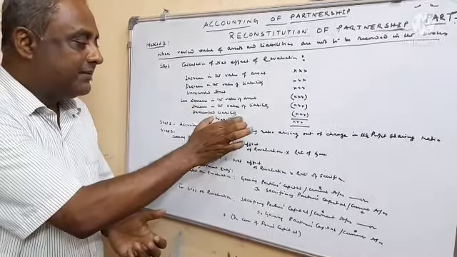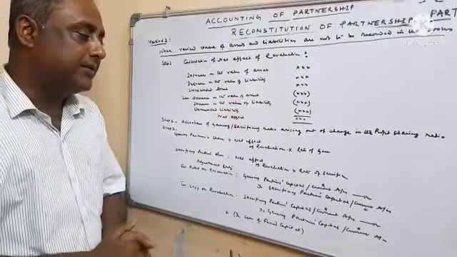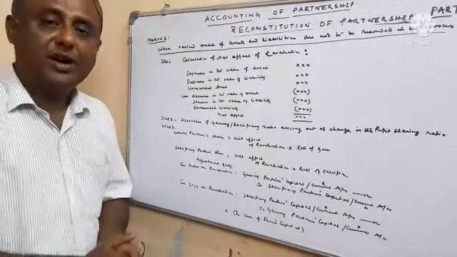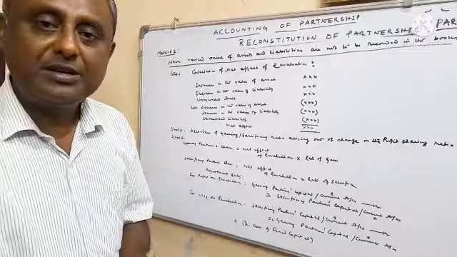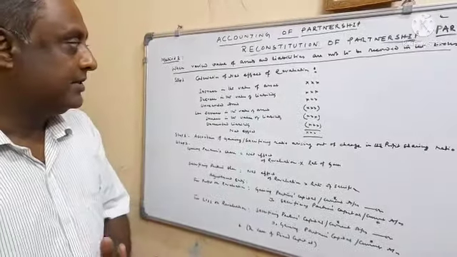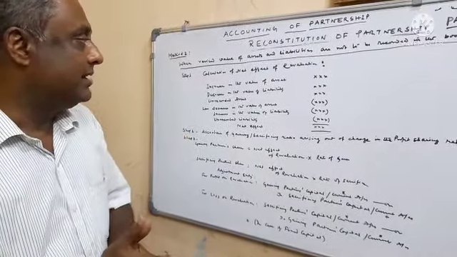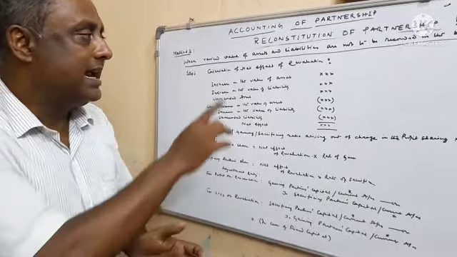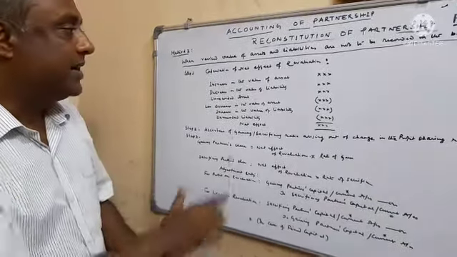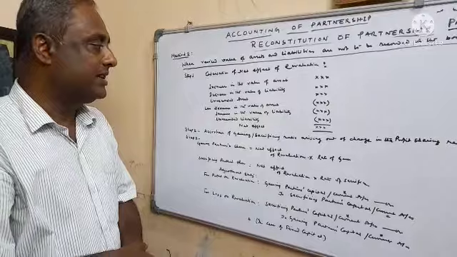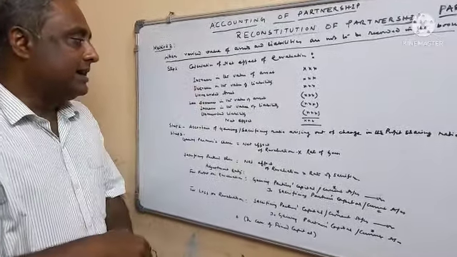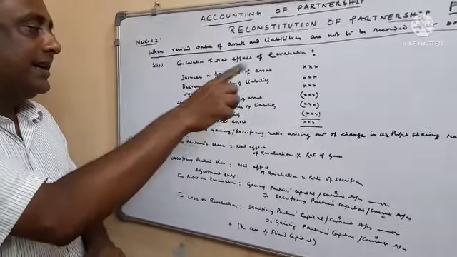What we will get? First we have to find out the net effect of revaluation. Net effect means what? Either profit on revaluation or loss on revaluation. So what is step 1? We have to calculate the net effect of revaluation. For finding out the net effect of revaluation, all credit side items will be added.